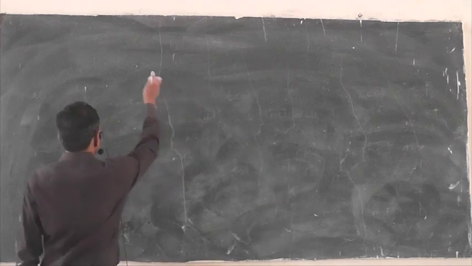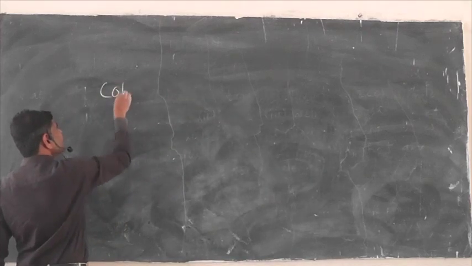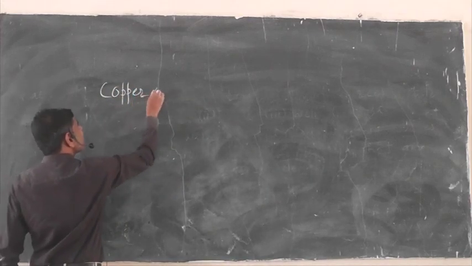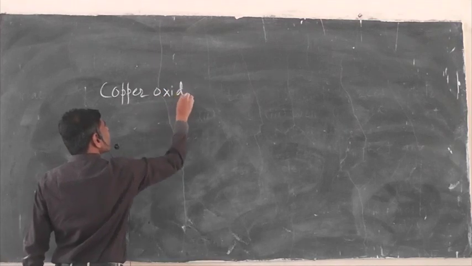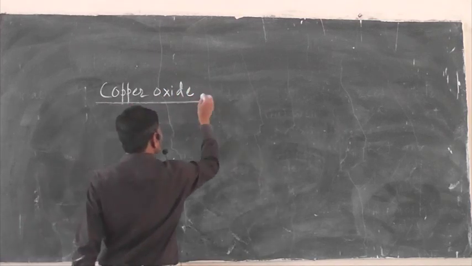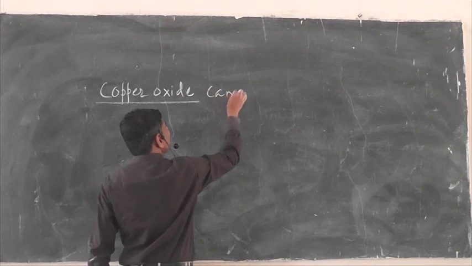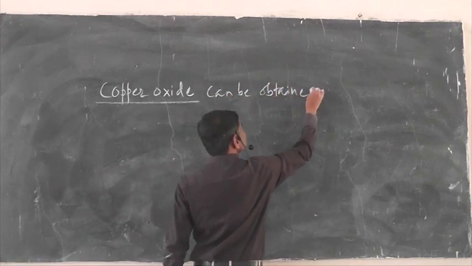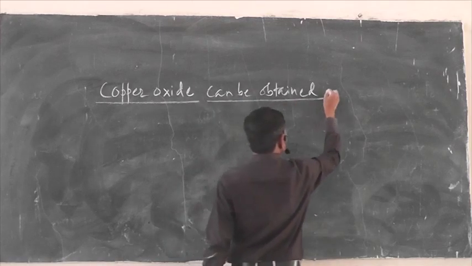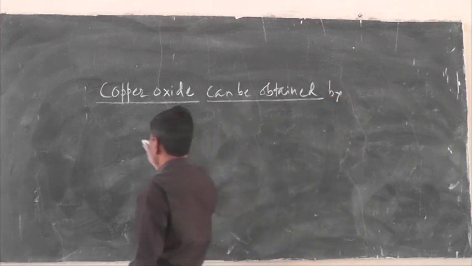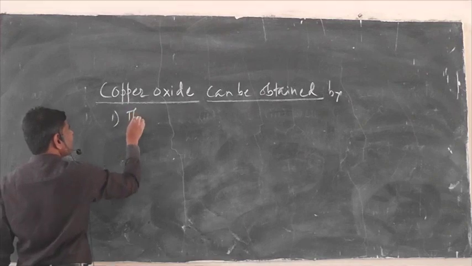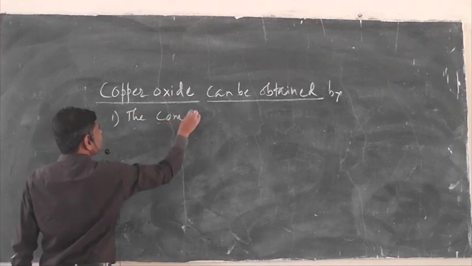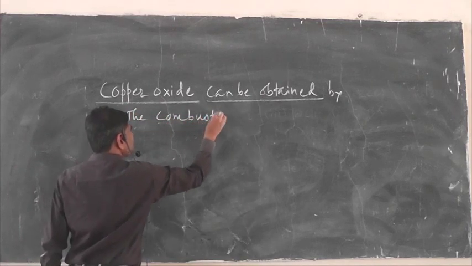And so remember, copper oxide can be obtained by, number one, the combustion of copper.